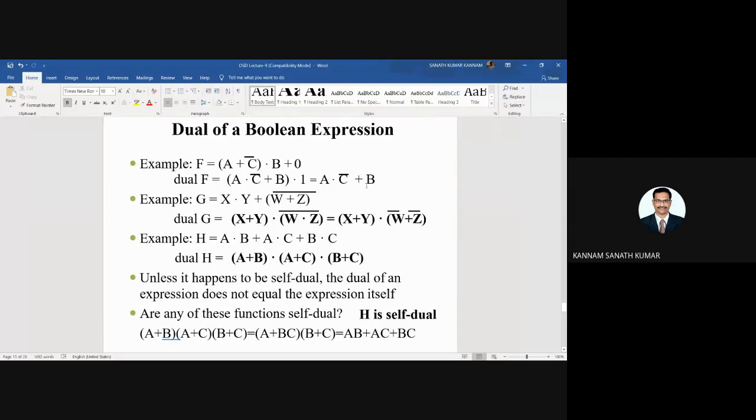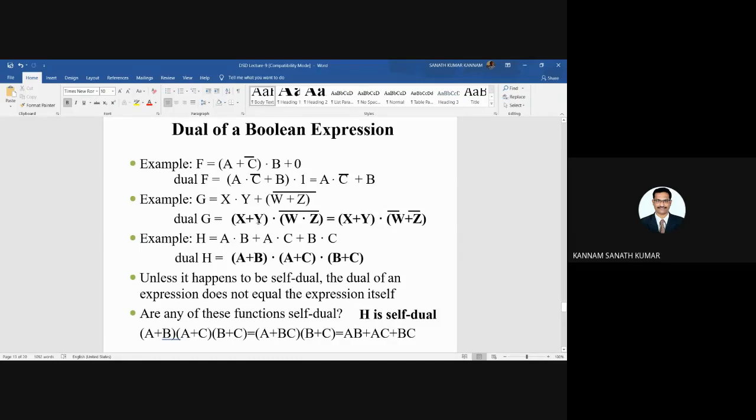That means, using the rules, if you multiply any input with 1, you get the input itself. Similarly, x into y plus x and y plus w or z whole bar equal to what? Dual of g. So this is the g expression.